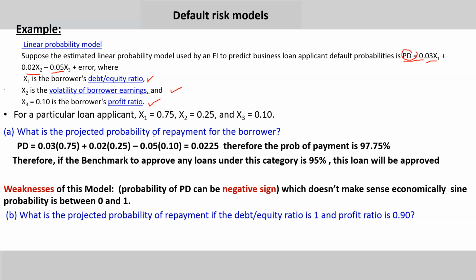As you can see here, if I have a company where I calculated the debt ratio, the leverage, as 0.75, volatility, which is a standard deviation, as 2.5, and the profit margin is 10%. Now, to calculate the probability of defaulting, you will find a probability of defaulting of 2.25%.